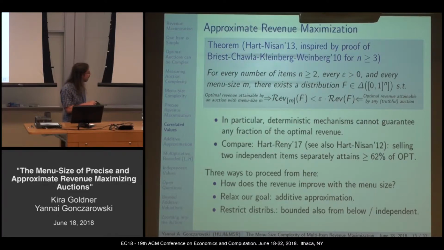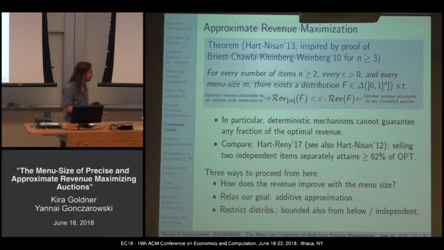We could follow the intuition given to us by this result of Hart and Rennie and say we're going to look at independent items, because things behave nicer there. We could say this is for [0,1], but maybe let's talk about [L,1] for L greater than 0. We can bound also from below.